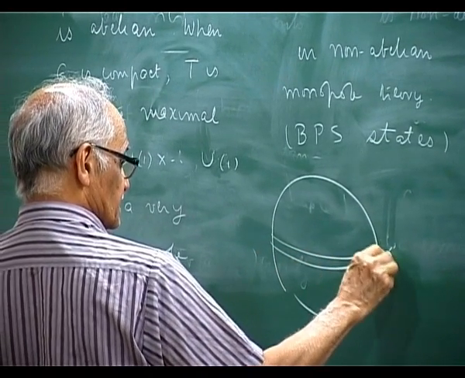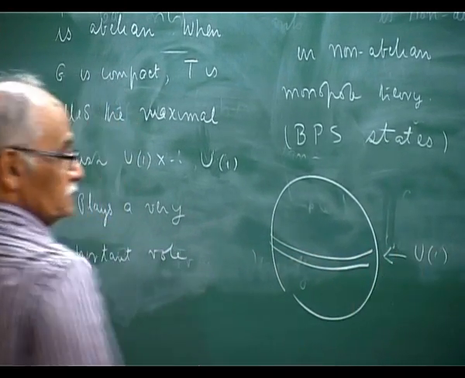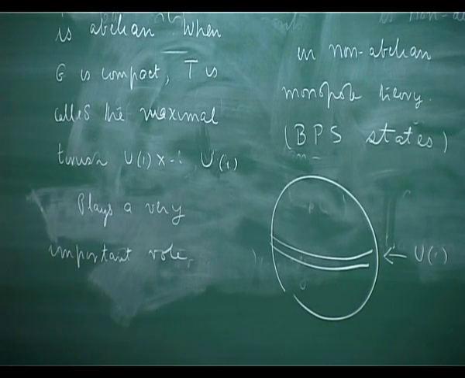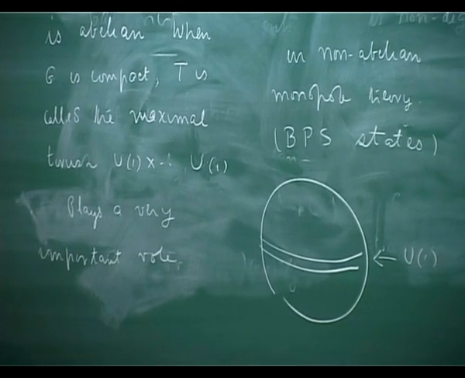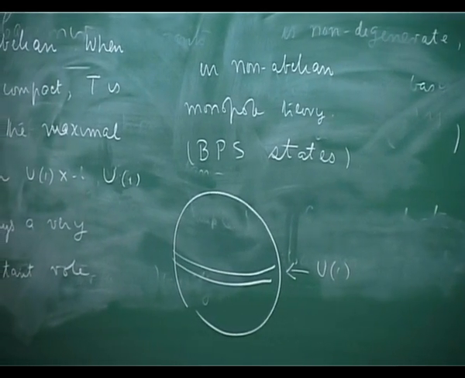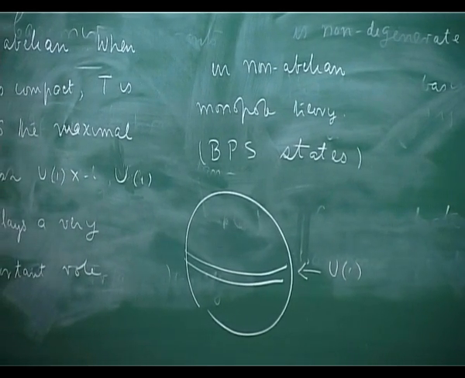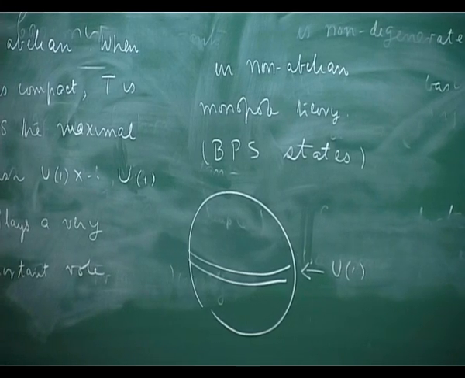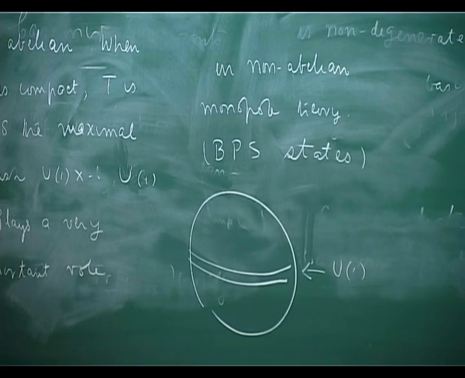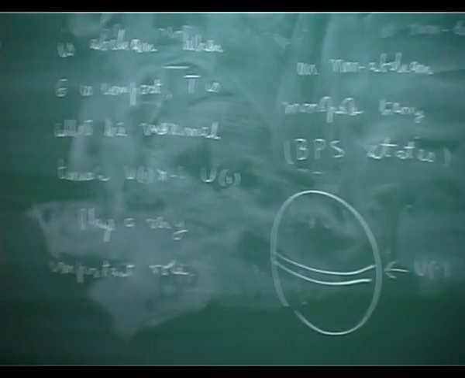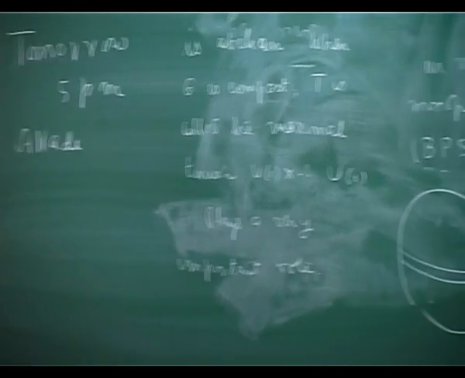The transition function is valued in U1. Okay, it's a closed curve. If you know the theory of transition functions, it's a U1 bundle. Here, the transition function between two patches is valued in a non-abelian group. So it is a different situation, and that causes all kinds of new features.